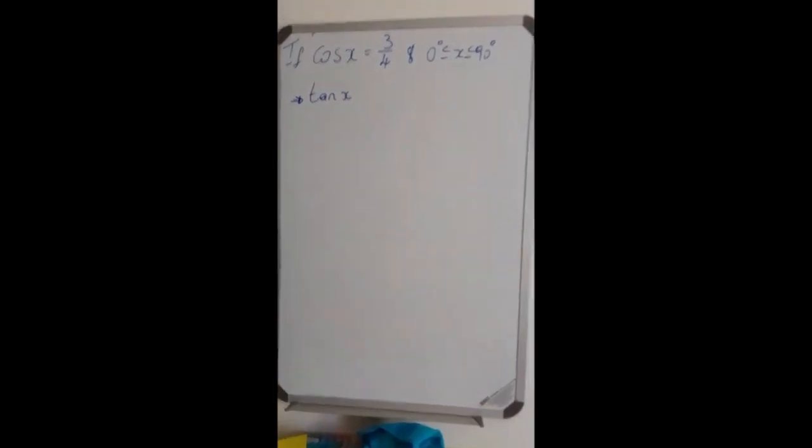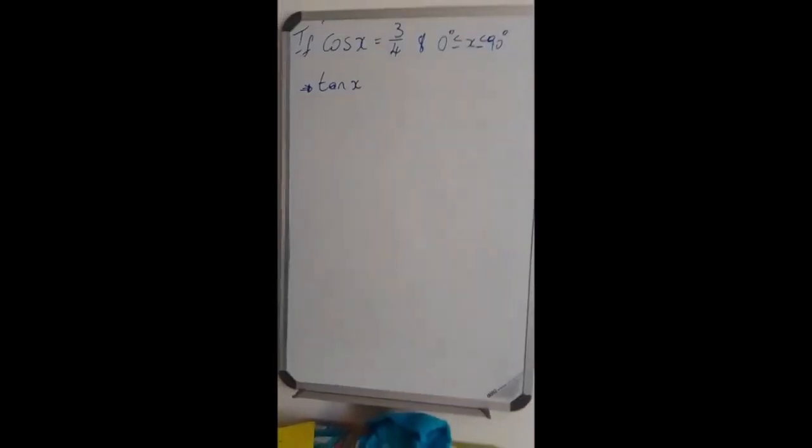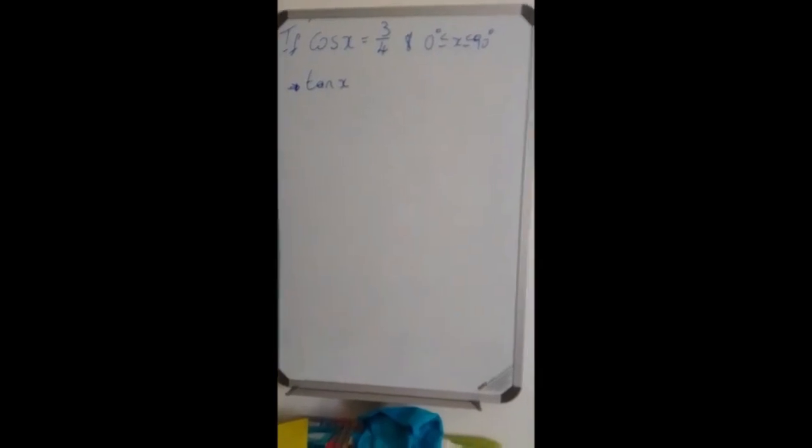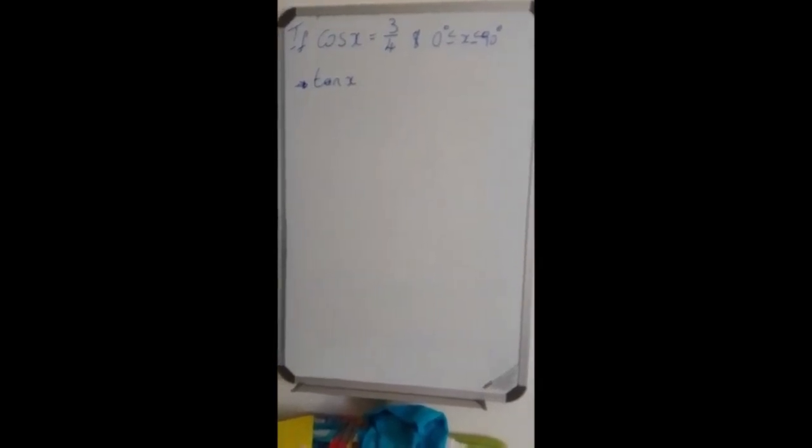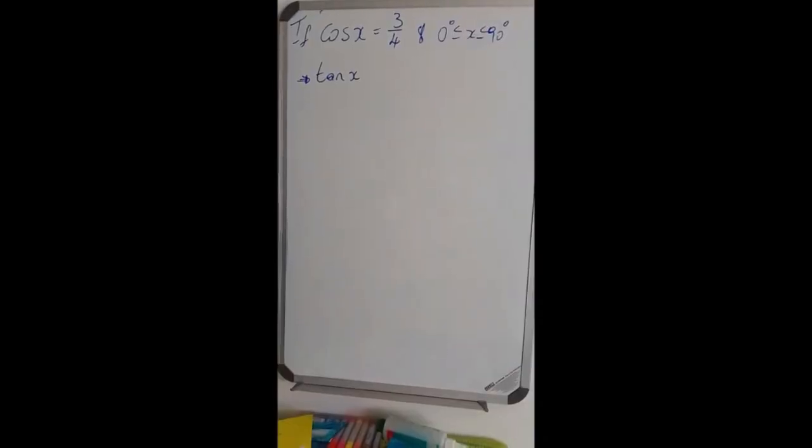So here's a question, or an exercise. You are given that cos x is equal to 3 over 4, and that x is between 0 and 90 degrees. We need to determine the tangent of x. Okay, what do we know?